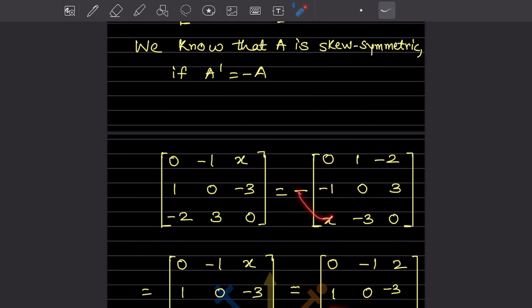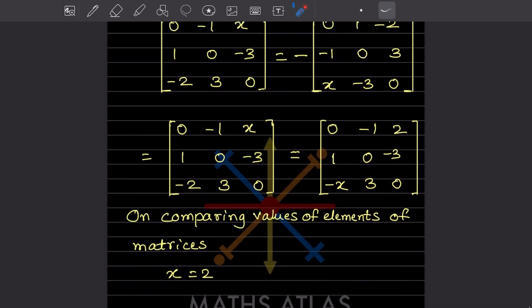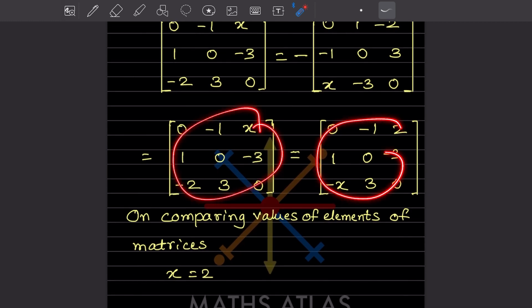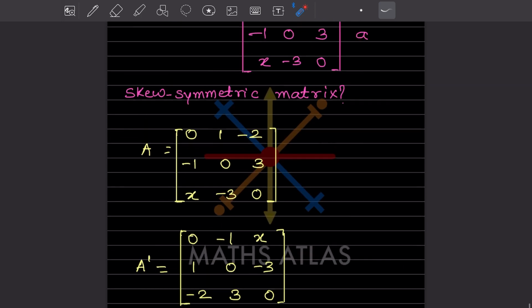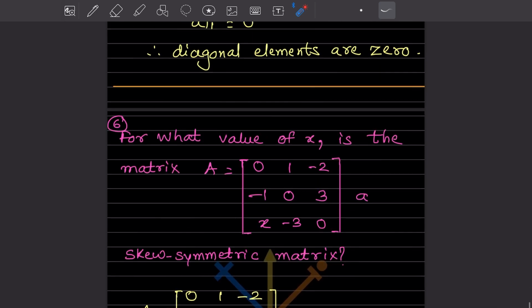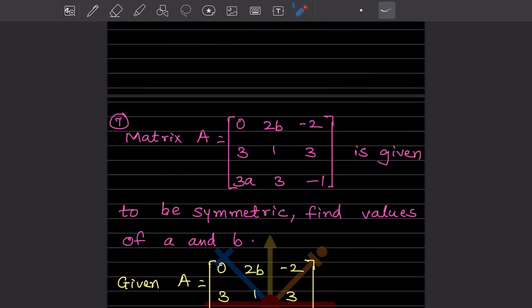Minus x. Minus minus becomes plus. And here 0. So now when we compare this and this, what do we get here? See here, can you see this here? x is 3. So what they have asked, what value of x? So we want the value of x.